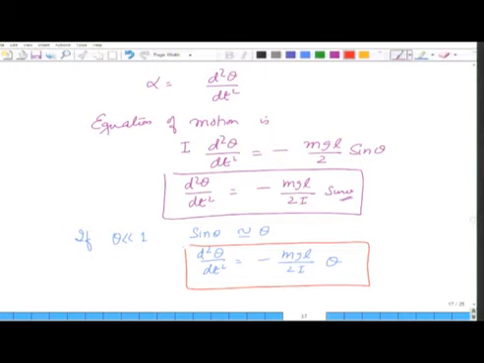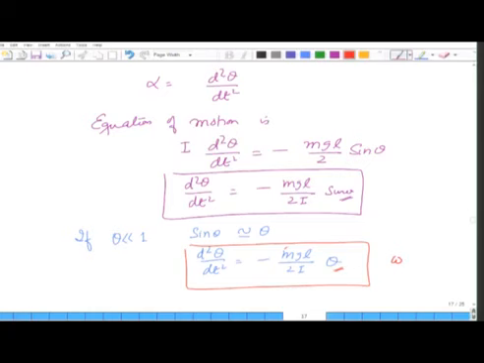Recall that what we had written earlier was d2 x by dt square equals minus some constant times x. That x is replaced by theta now, except that there is no other difference. This is a constant, right? So, for small theta, theta much less than 1, this is going to perform a simple harmonic motion with omega square equals mgL over 2I, right.